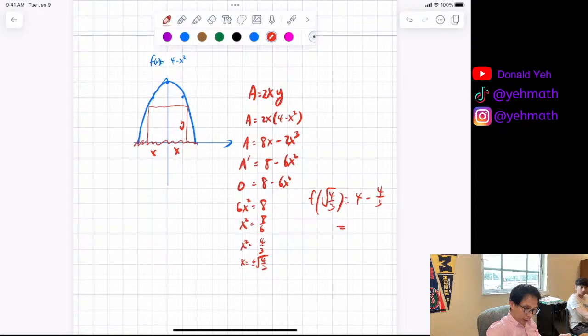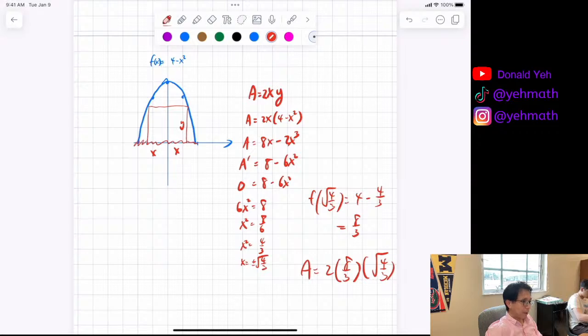And that's going to be 8 over 3, I think. Is that 8 over 3? So area is equal to 2 times 8 over 3 times the square root of 4 over 3. And I don't know whatever that area is. So you can try to find the maximum area.